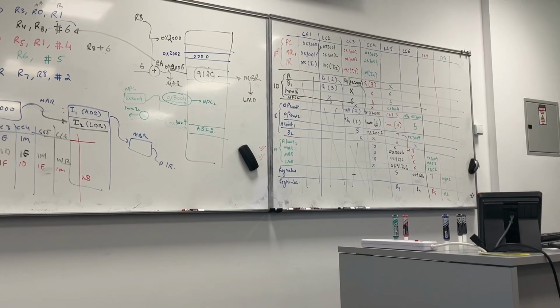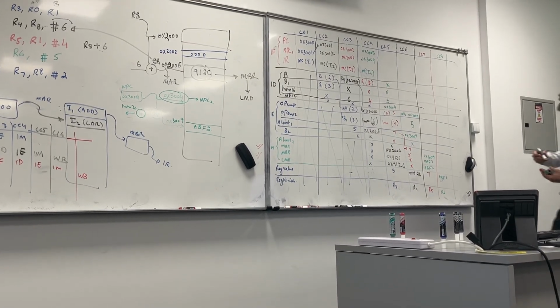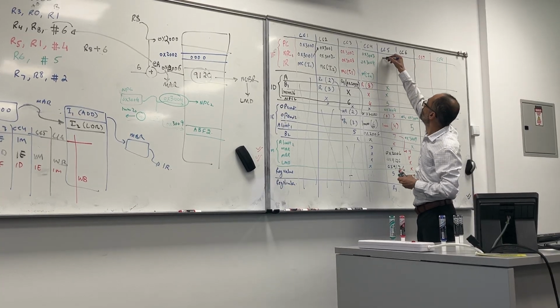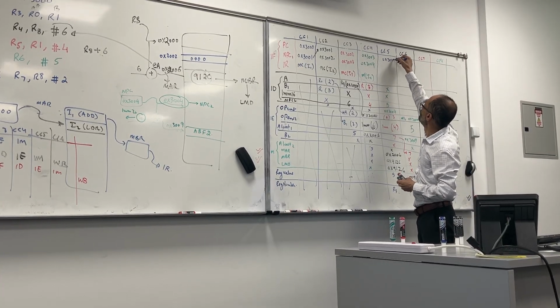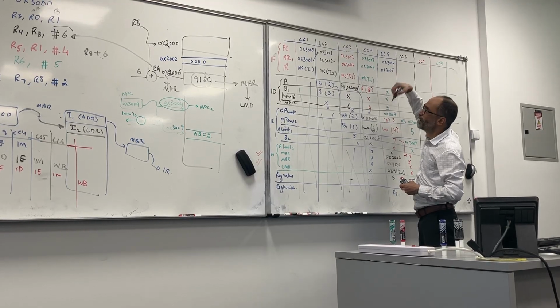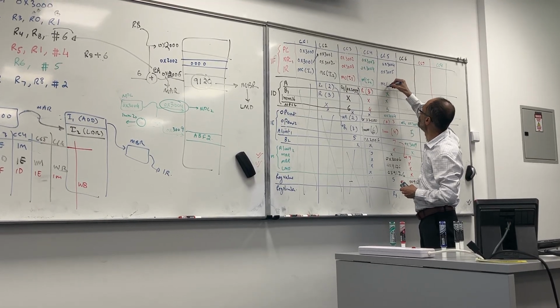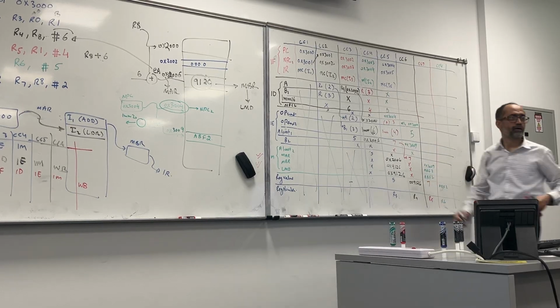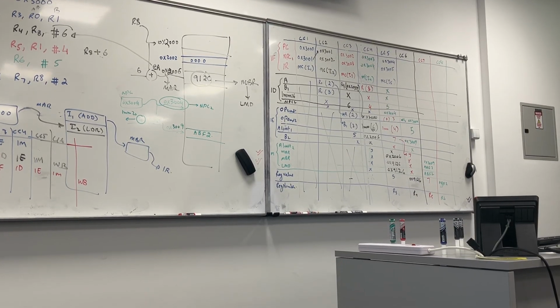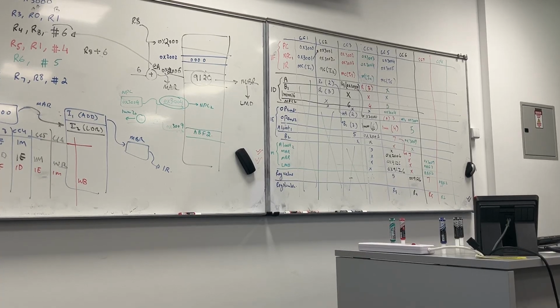For instruction number 5, this is the store instruction. What will be the value of PC? Help me. Clock cycle 5. PC is 4. NPC? 3005. IR? Okay? Now, we have A and B. What will be the value of A?